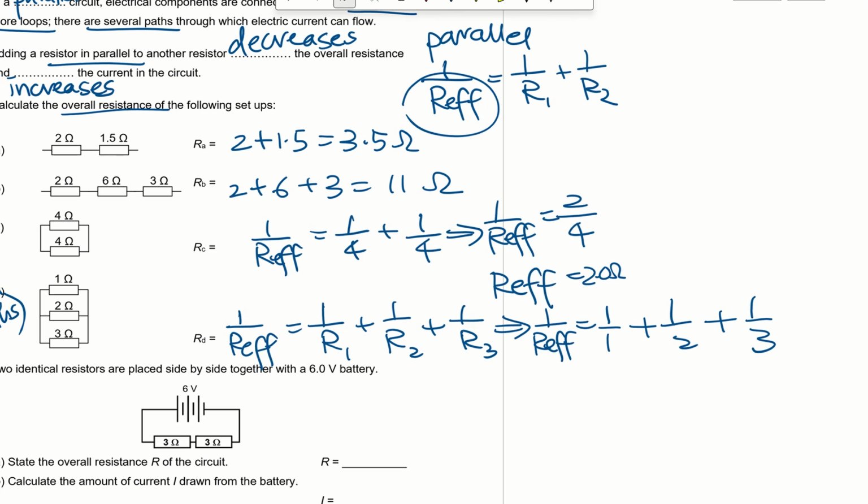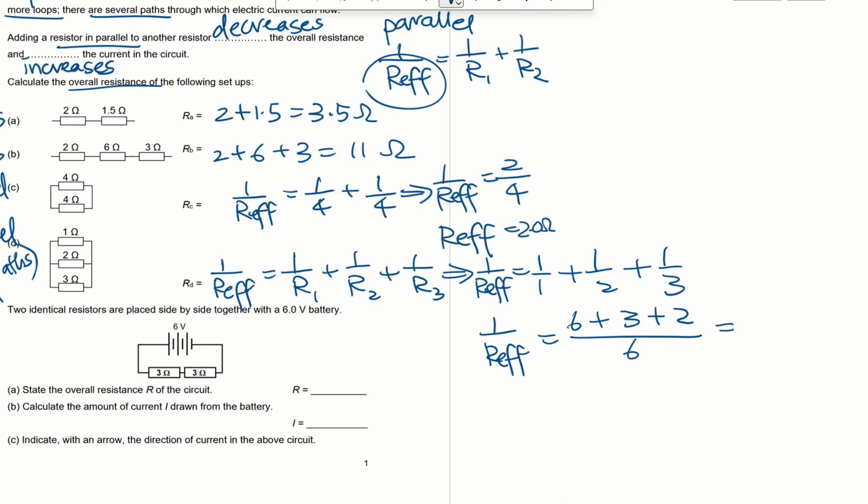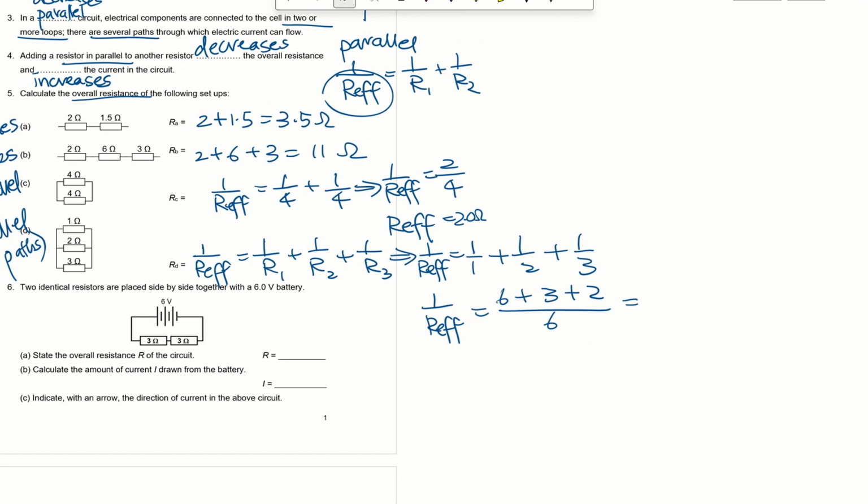Because I don't have a calculator now, I have to do mental sum. 6 plus 3 plus 2, right? Over common denominator of 6. Okay, so it's very lengthy. You see that if you do not have a calculator, you are disadvantaging yourself. So it equals 11 over 6.